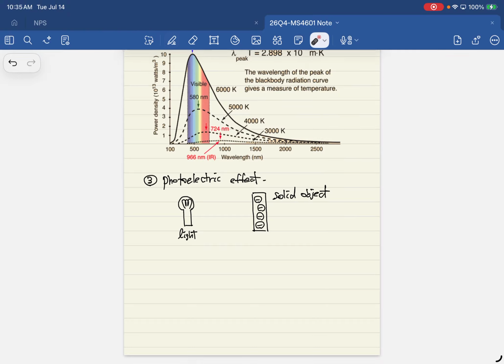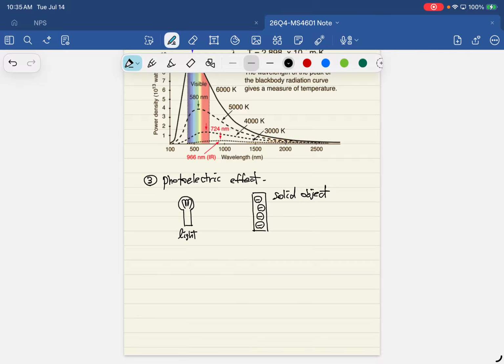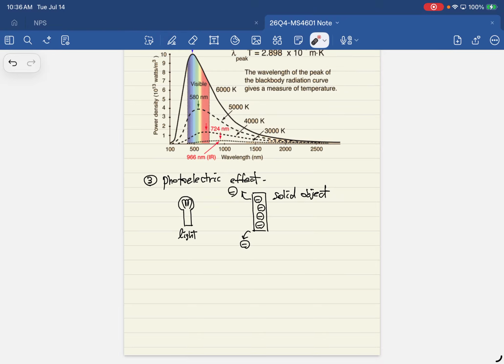As we irradiate this light onto the solid object, depending on the energy of this light source, the electron can be ejected, because there is incoming energy from the light here.